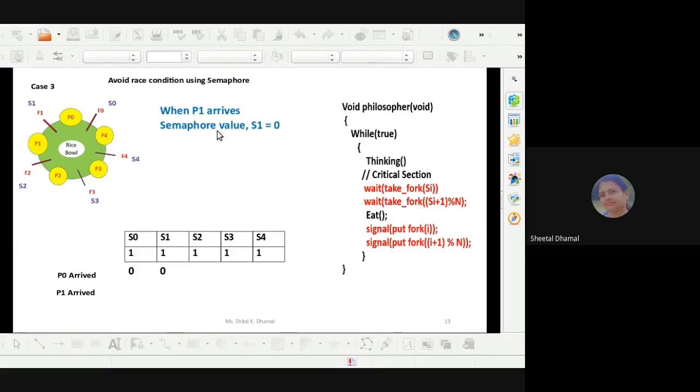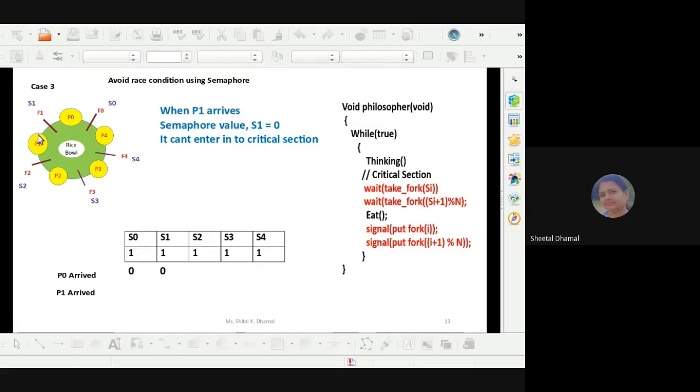So what will P1 do? Here P1 will check the value of the semaphore variable. The value of the semaphore variable S1 is equal to 0 because S1 is already used, P0 is already using the S1 fork. So because of this, it means its value is already down, it has been converted from 1 to 0. So it will check that the value of S1 is equal to 0. Because S1's value is 0, P1 is not able to enter into the critical section to perform the eating operation.